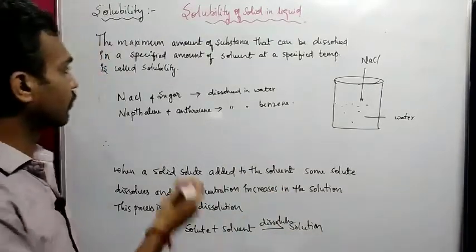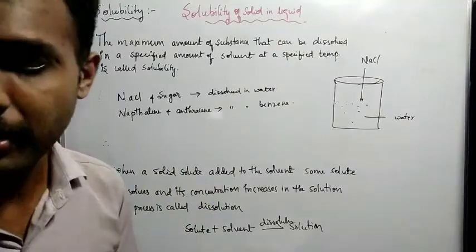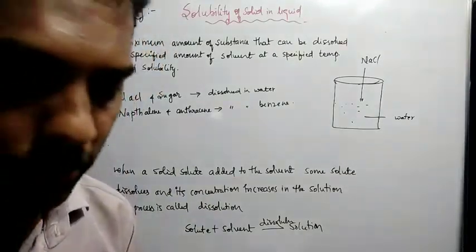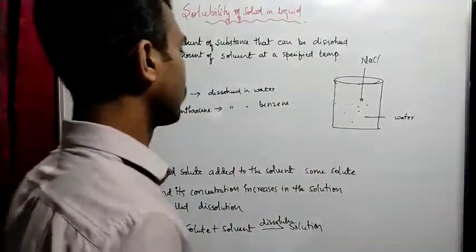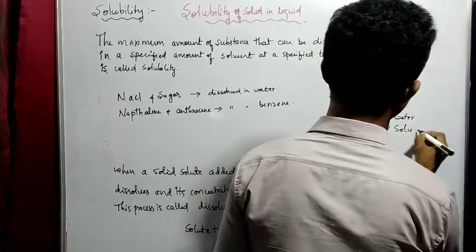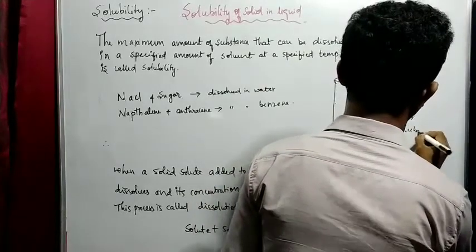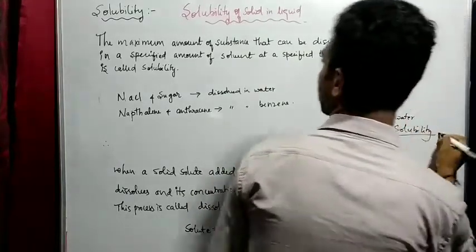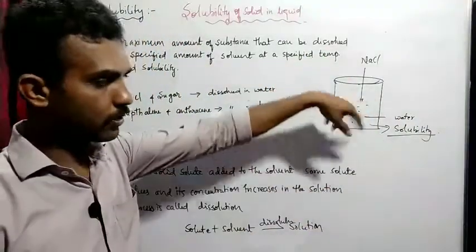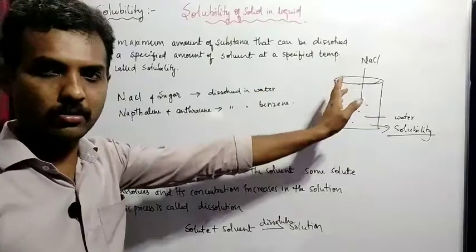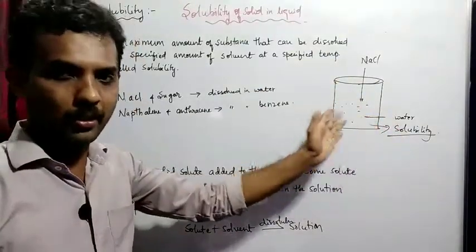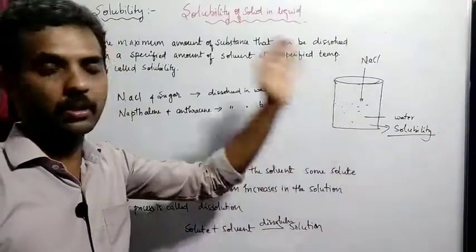You can say the sodium chloride has dissolved in water. Hence we call this process solubility. You can add more and more sodium chloride and stir it, and that is what we call dissolution.